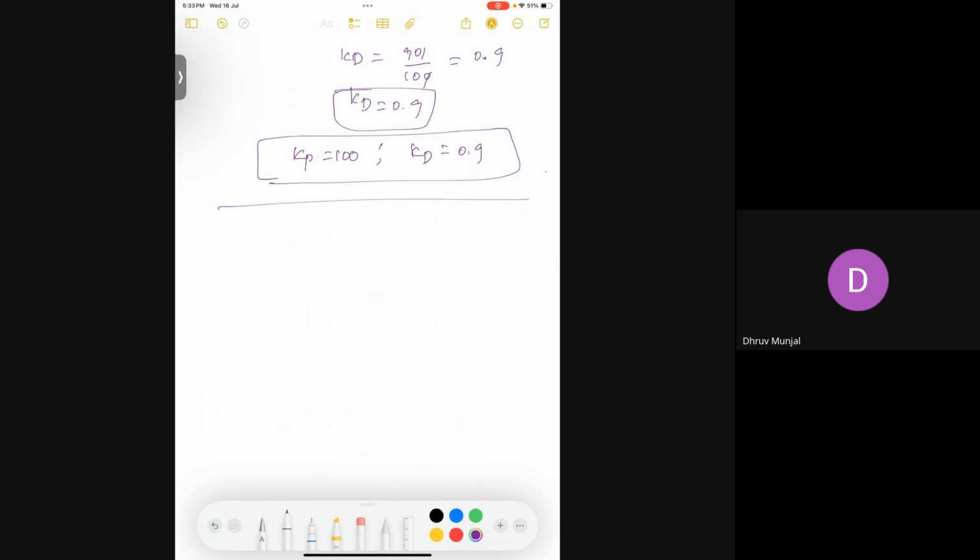We will solve a little complex problem. Before that, we'll try to solve the question from the assignment if someone has doubt in that. In the assignment, this control system was given, right?